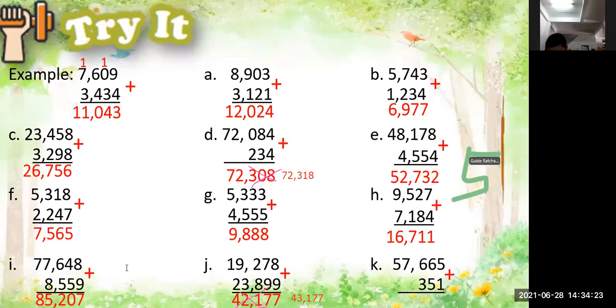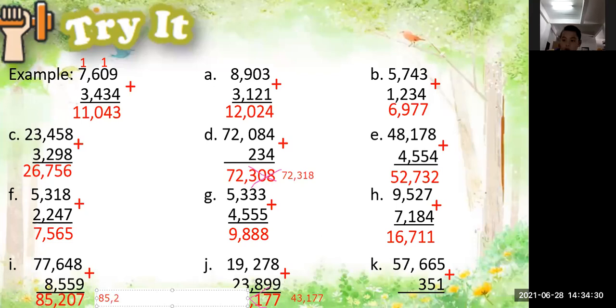Letter I. 8 plus 9, 17. Carry 1. So 4 plus 1 plus 5 is 10. Carry 1. Yeah, it's correct. Sorry, it's wrong.